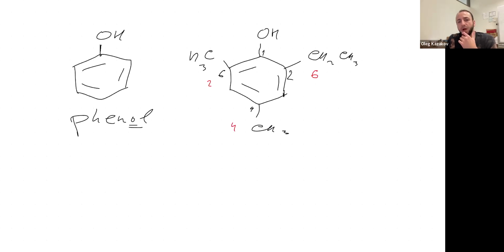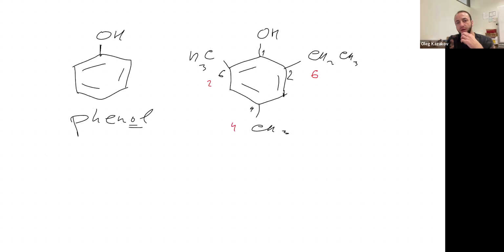But the problem is that if we use the black font sequence, on carbon number 2 we'll have ethyl. If we use the red font sequence, on carbon number 6 we will have our ethyl. So in this case, the group that comes first alphabetically, ethyl, will have a higher number.